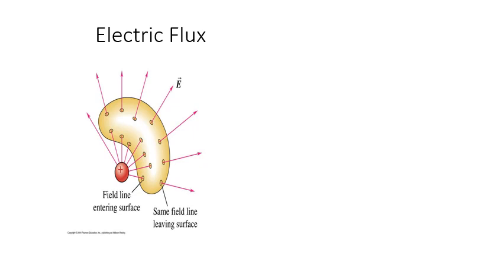The electric field lines are entering a closed random surface, and the same field lines which are entering from one side are leaving from the other side. So this concept can also be used to calculate flux.